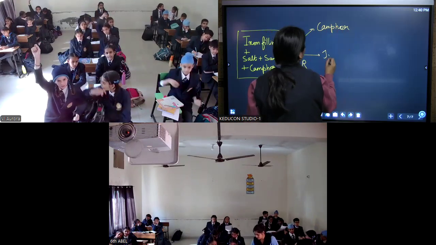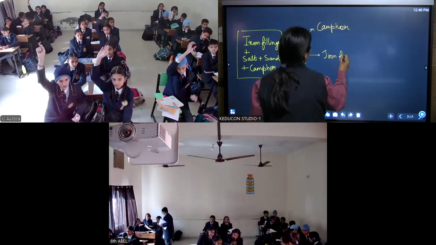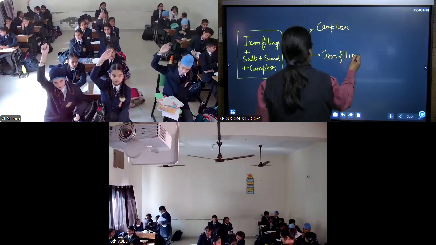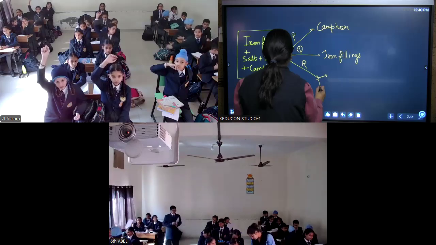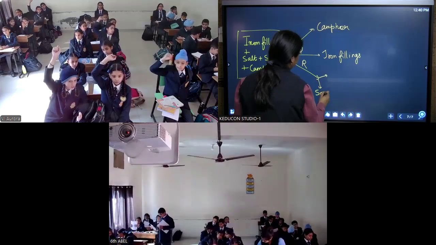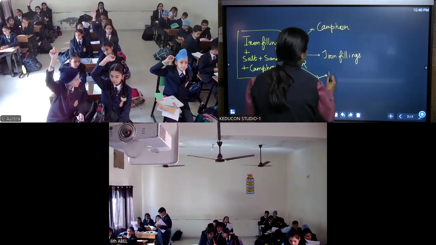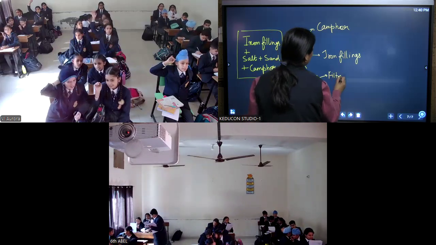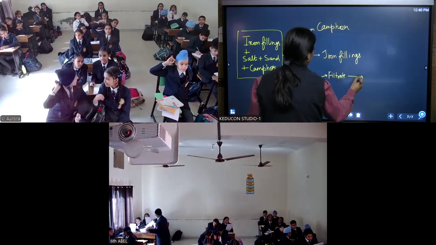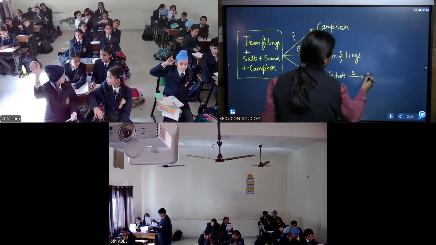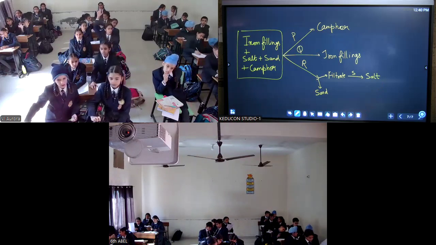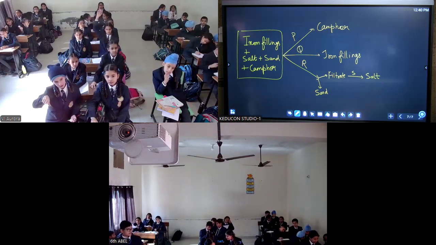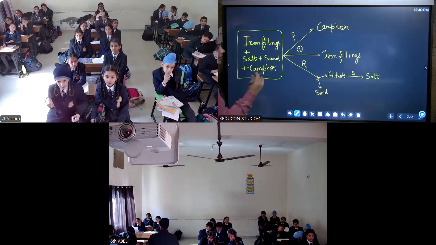Through Q, we are getting iron filings. Then from R, we are getting sand plus filtrate. And then further, it is undergoing a technique that is S, and we are getting salt.